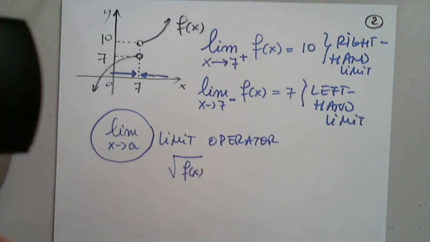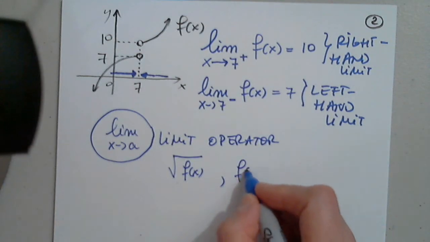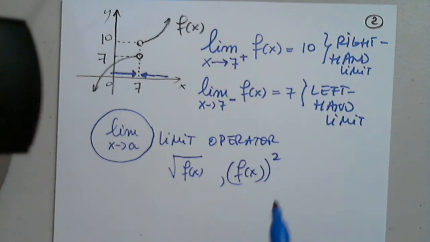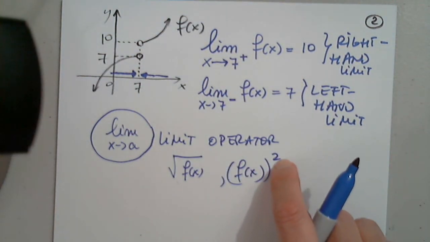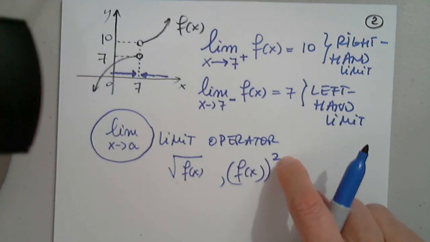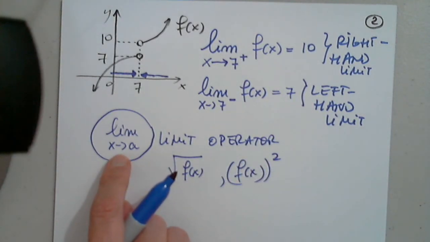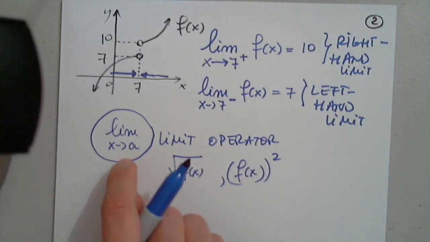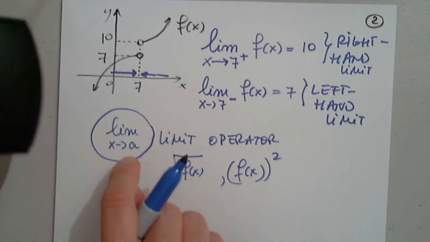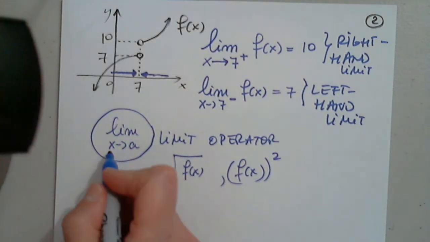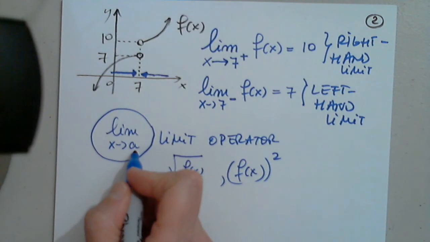It's a symbol or an operation that does something to a function. Here's another. This is another operator. It takes the function and squares it. And this is another operator. It gives us the tendency. Where is the function going when x approaches a?